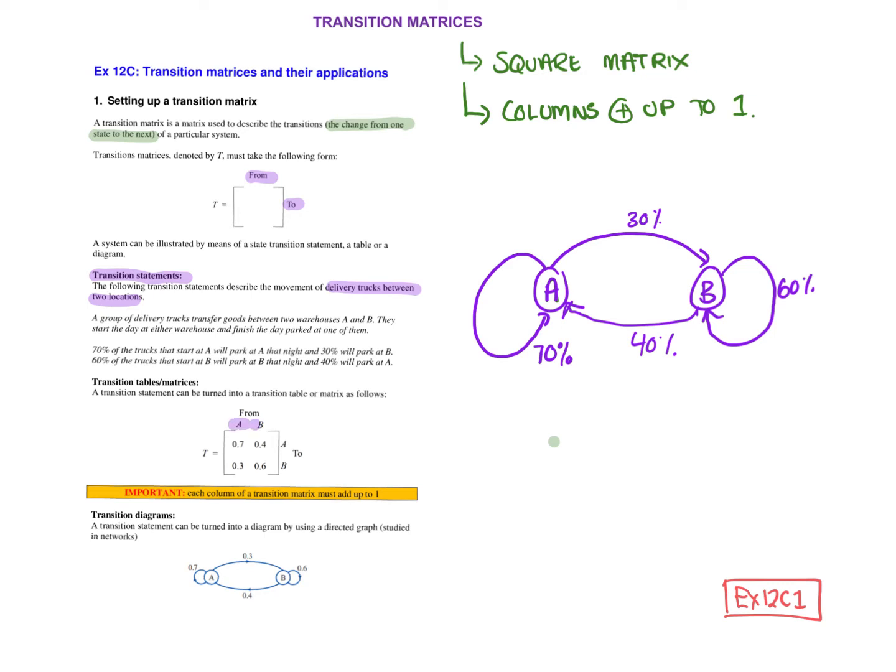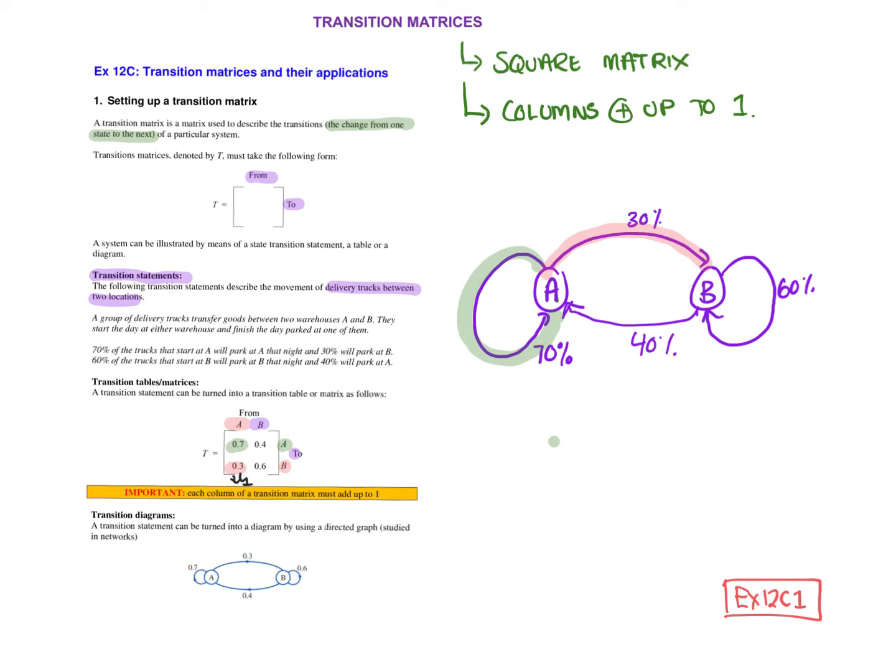So we've got from A to B. When you have this arrow here, from A to A is 0.7. And from A to B is 0.3, and here's the 30%. If you look at those numbers and add up 0.7 and 0.3, you can see they add to 1.